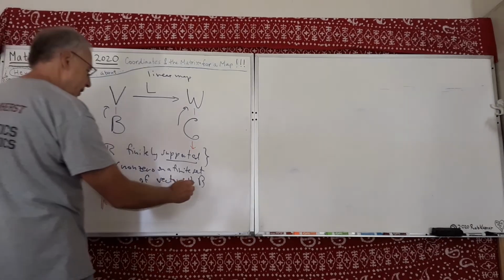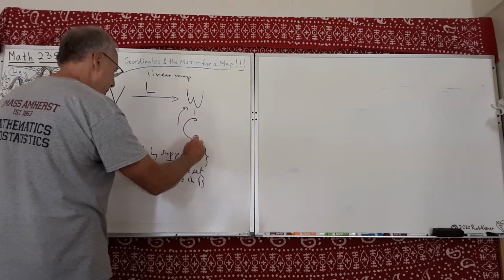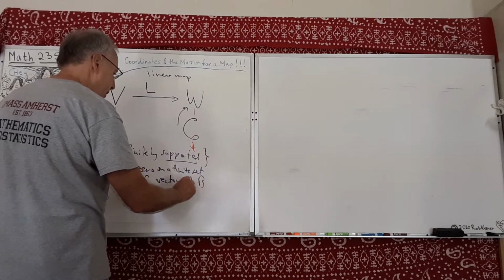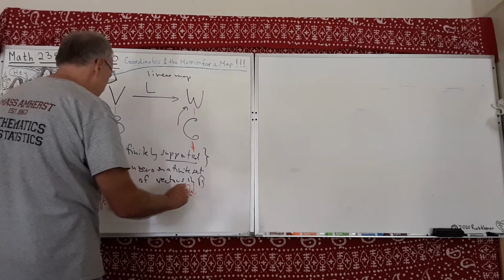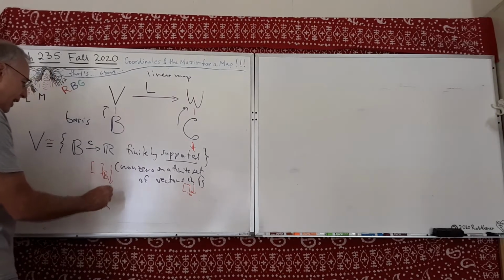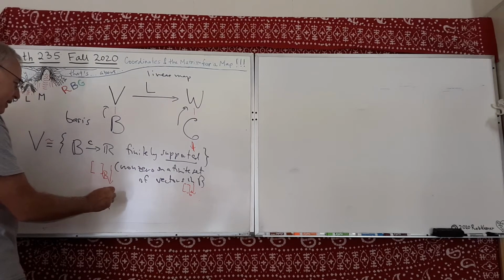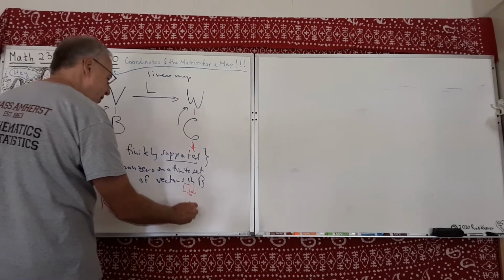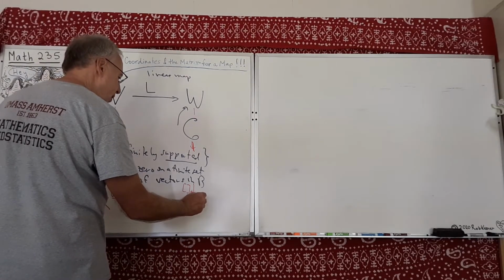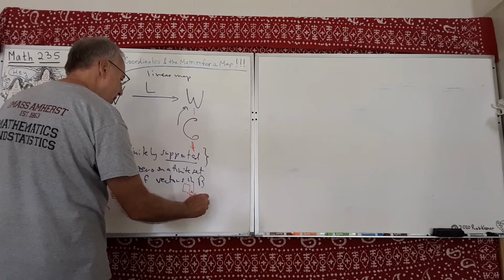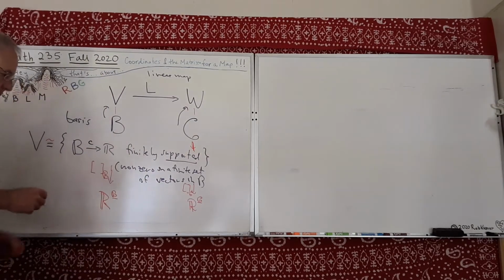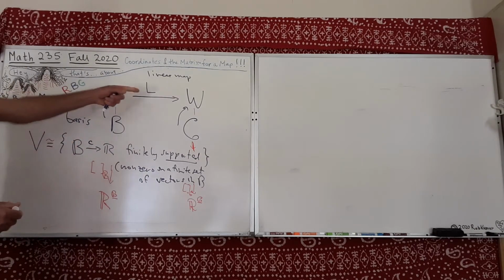And here again I've got the coordinate map with respect to the basis. If you like, you can think of these as these finitely supported functions. I'll make some notation for that: R^C. So this would be like R^n and R^m in the case where these are finite dimensional.